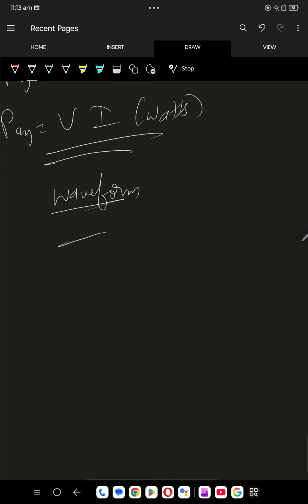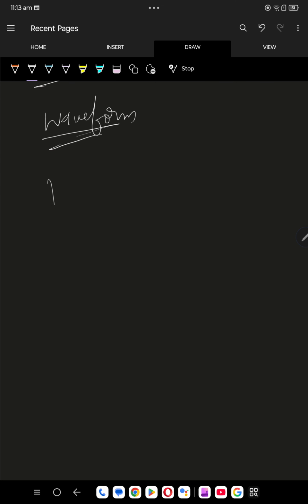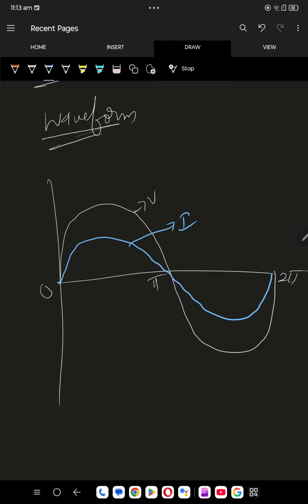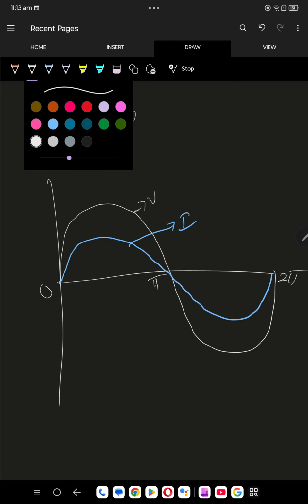Every waveform will differ. For this waveform, 0, pi, 2 pi, this is V. I will have a lesser magnitude than voltage. This is I. Positive into positive is positive only.